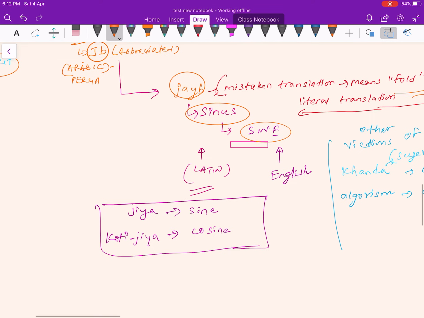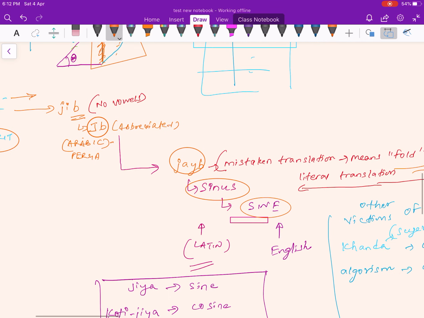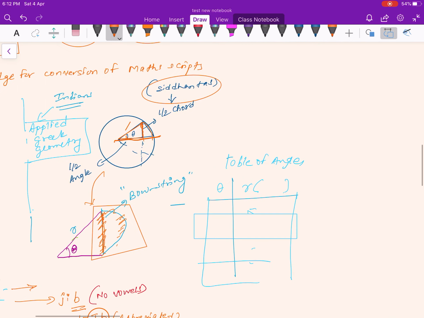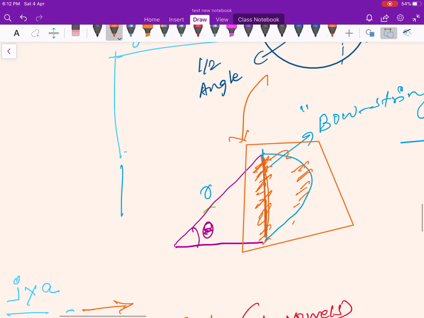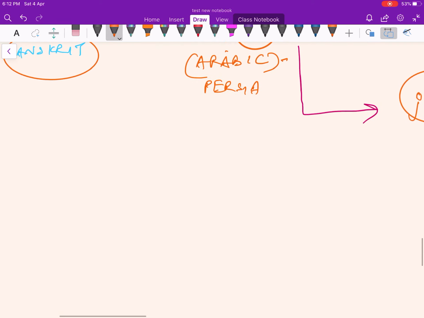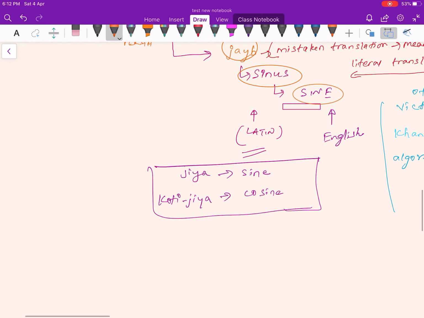And similarly the cosine aspect of that. If this is the sine part, this part which is adjacent, the Indians were calling it in Sanskrit koti jiva, and that also got poorly translated into cosine.